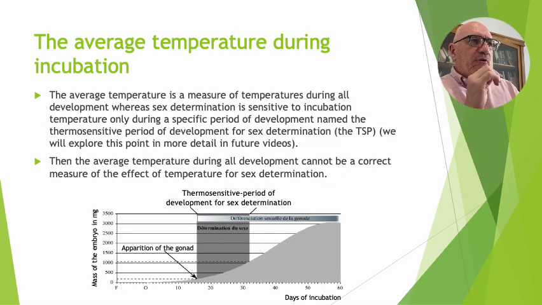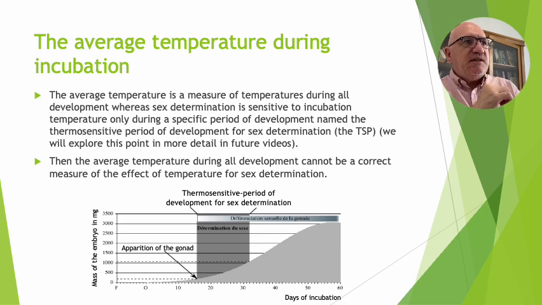The first reason is that the average temperature is a measure of temperature during all development, whereas sex determination is sensitive to temperature of incubation during only a specific period of development, named the thermosensitive period of development for sex determination.